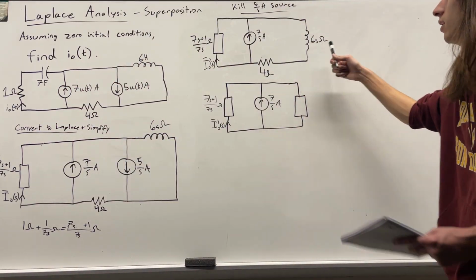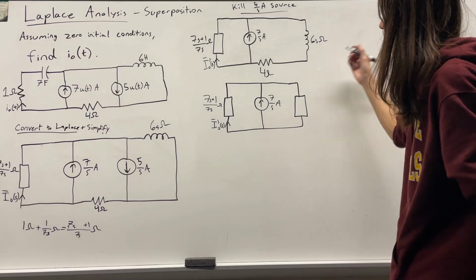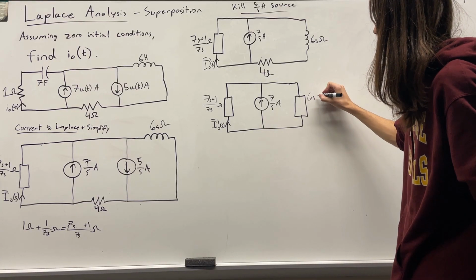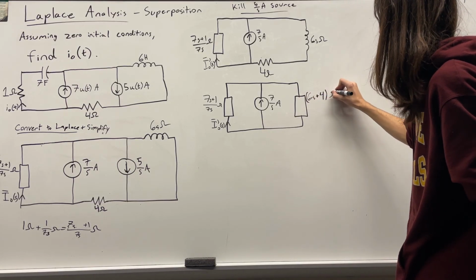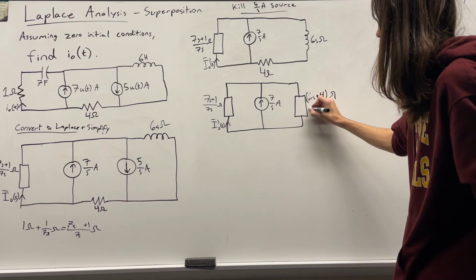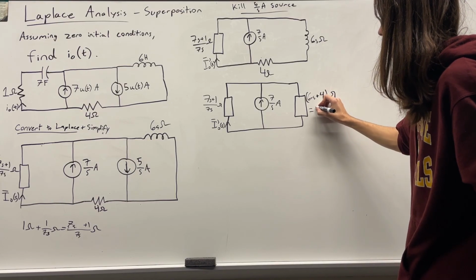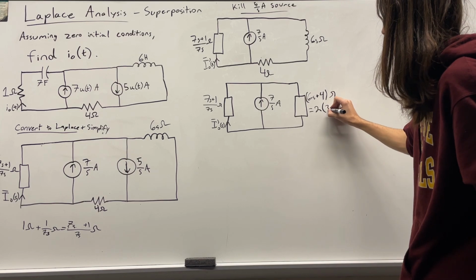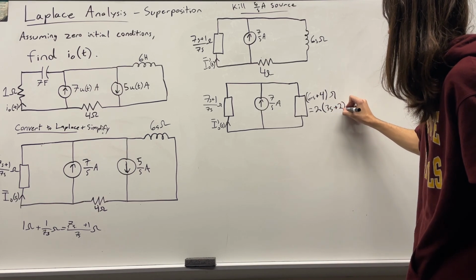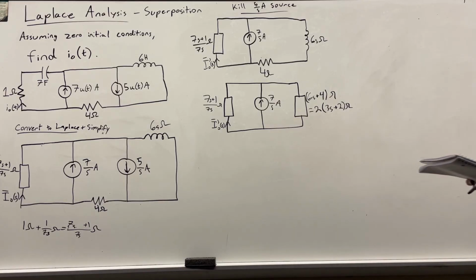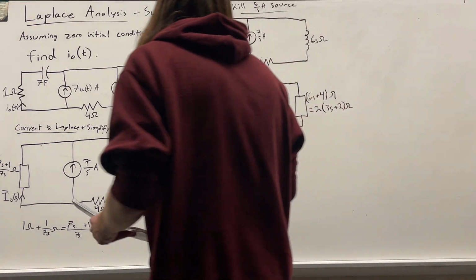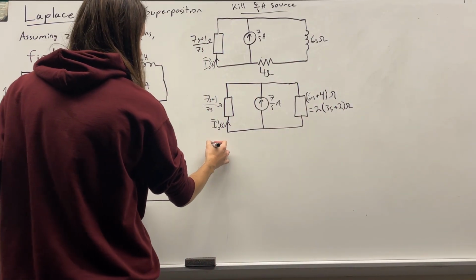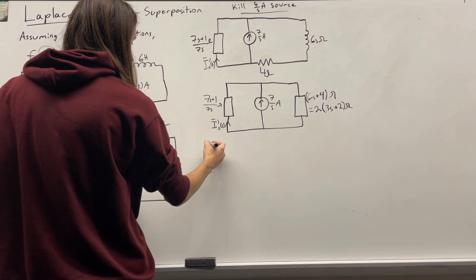So just adding these two impedances, it's just 6S plus 4 ohms. And again, Circuit Tutor will want you to write it as 2 times 3S plus 2 ohms. And now we just have a simple current divider. So we can use the current divider formula to find our sought variable I naught prime.